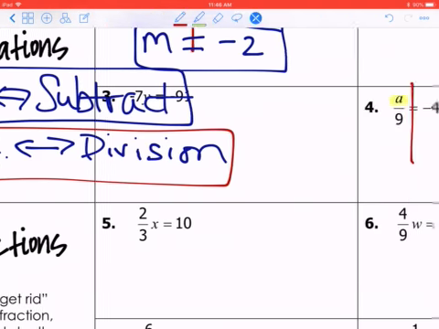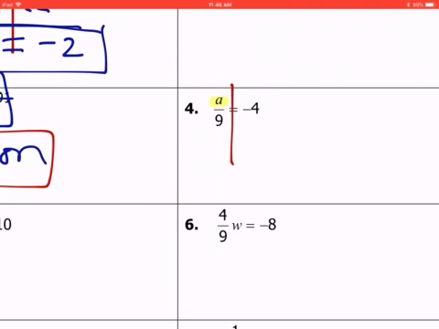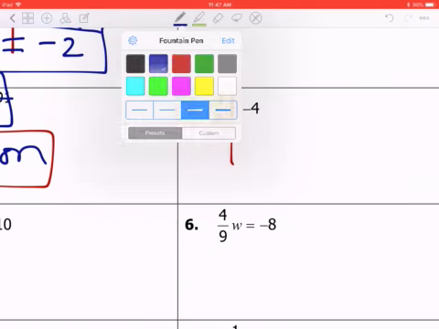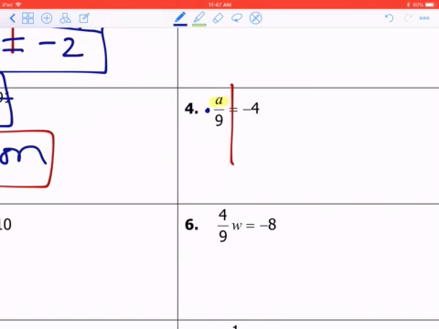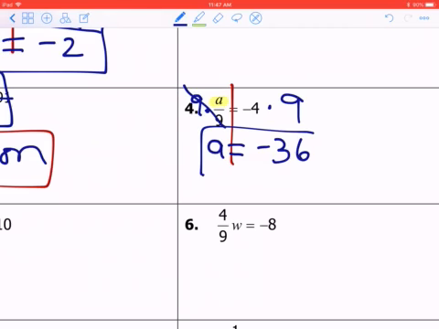So that's what we use to solve that. Since I was dividing, now I'm going to multiply. So I'm going to put a little dot there for times. I'm going to multiply both sides by 9. Since multiplication and division are inverses, they are going to cancel out. So the only thing that's going to be left is a equals, and now we would multiply negative 4 times 9 and get negative 36. Hopefully this is review, but just a little basic.